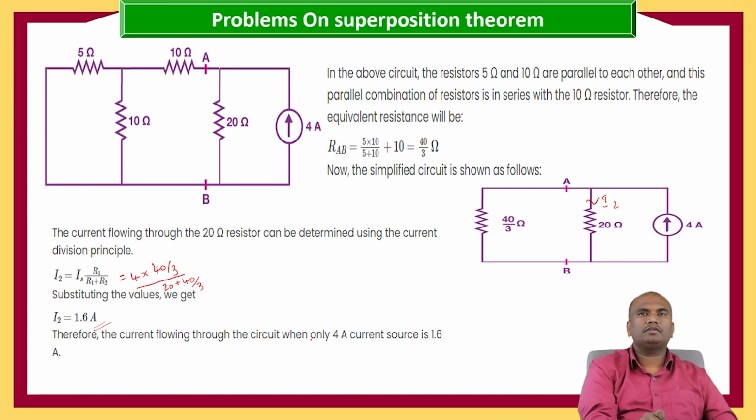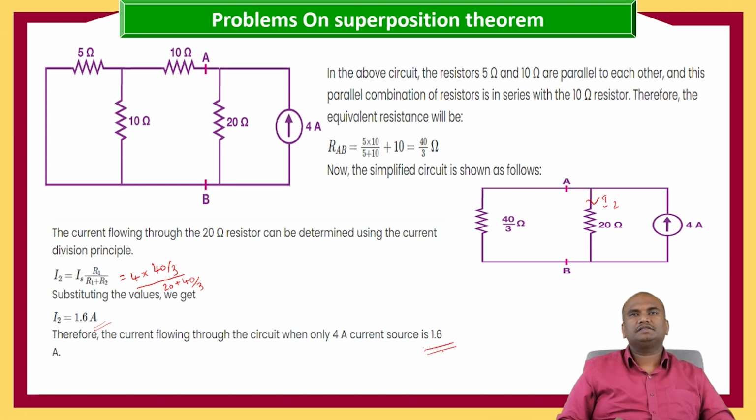Therefore, the current flowing through the circuit when only the 4 ampere current source is acting is 1.6 amperes.